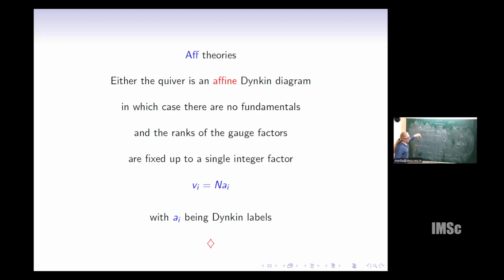So the numbers N_i have to be proportional to the minimal solution of this equation, where a_i is the so-called Dynkin label, which is the same thing as the dimension of the irreducible representation of some group gamma. So here it's a kind of reverse engineering problem. You start with a graph with some conditions, with the assignment of numbers to the vertices, which solves this equation at every vertex. And it turns out that the only possibility for such a graph is to be the graph which comes from some finite subgroup of SU(2).